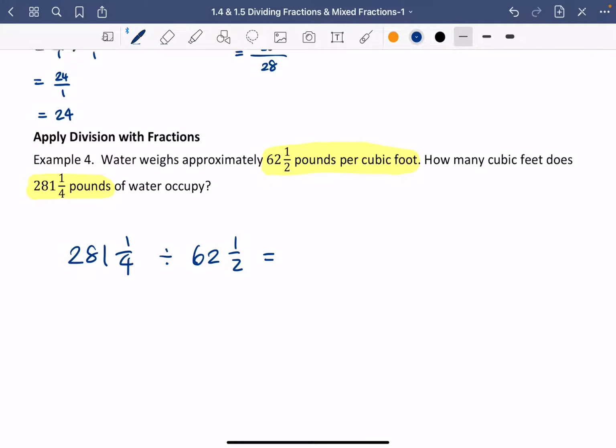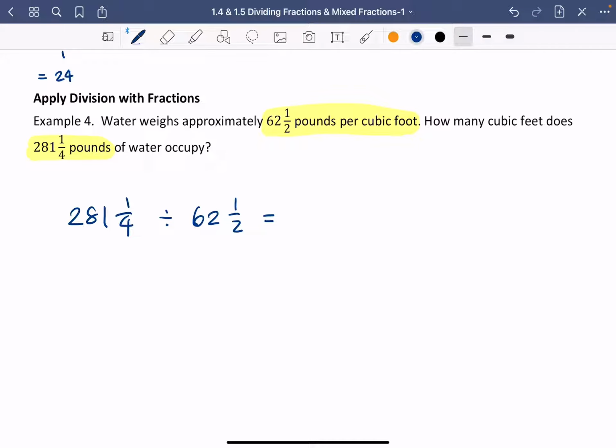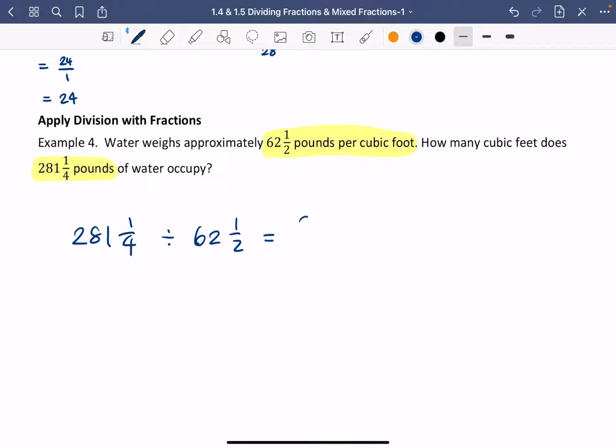Okay, so let's calculate that. Well, it's a mixed fraction, so the first step is to change it to an improper fraction. So that's 281 times 4 plus 1 over 4 divided by 62 times 2 plus 1 over 2.